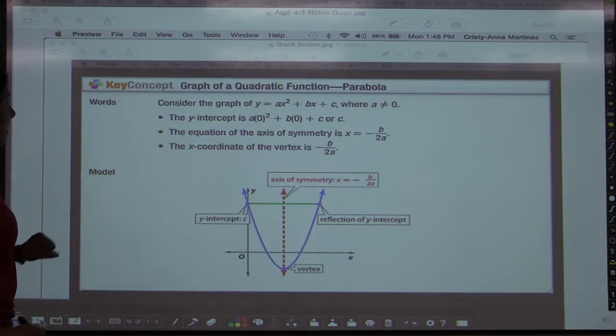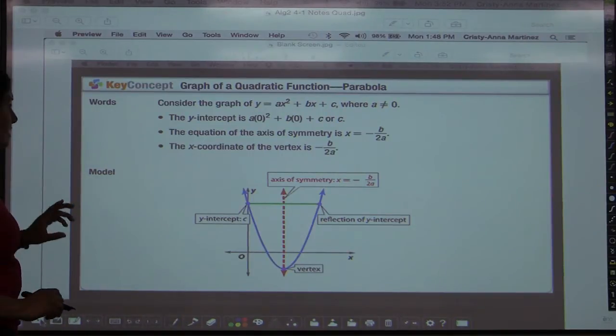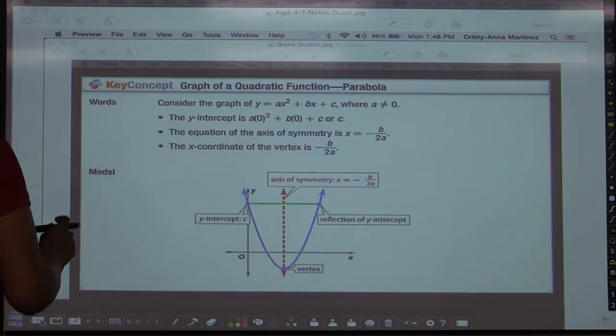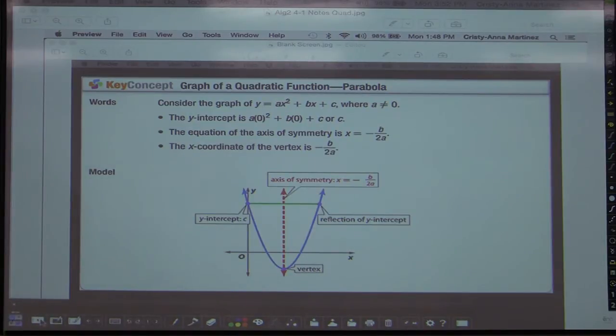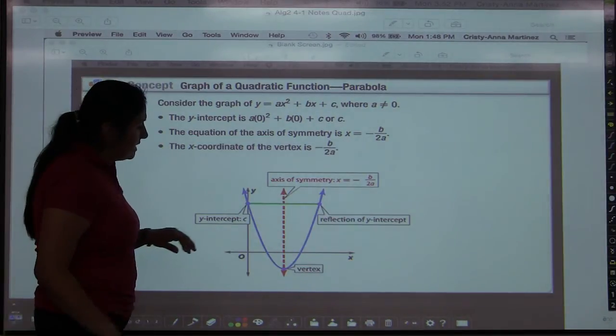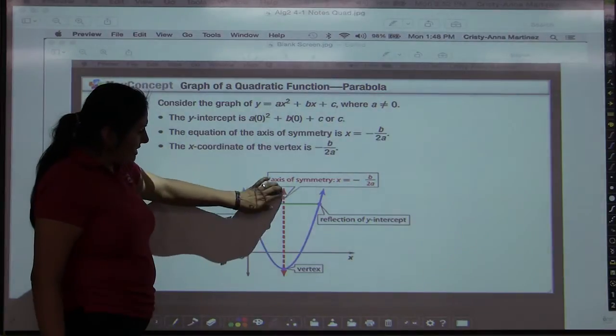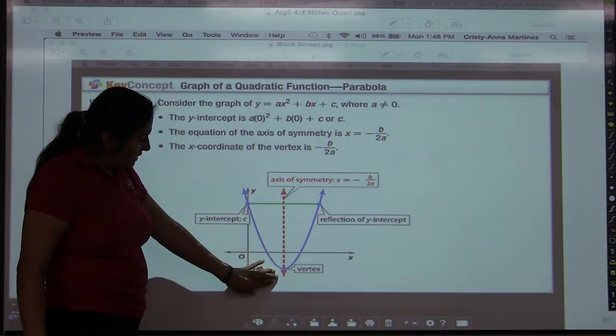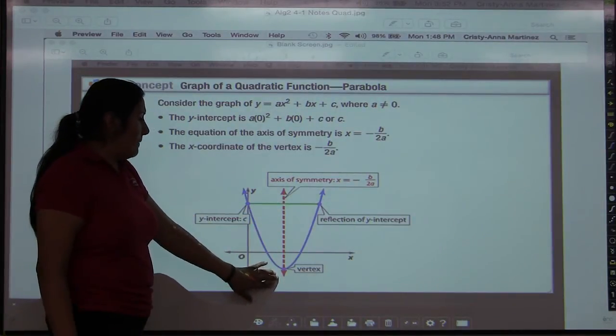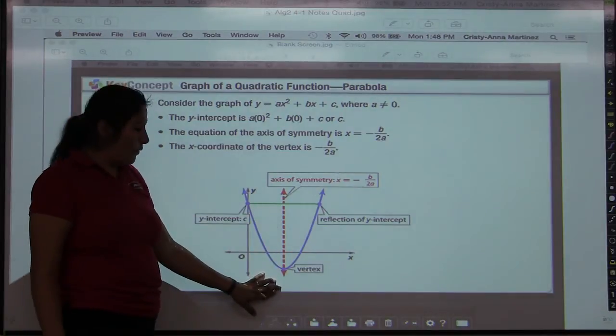So here, I took this straight from your textbook. You want to make sure you have this in your notes, that we're going to talk about the characteristics of a parabola. One of the things that you'll notice about a parabola is it has this symmetric quality to it. Basically you can draw this imaginary line, which you see here with this red dashed line, that goes through the middle of the parabola.